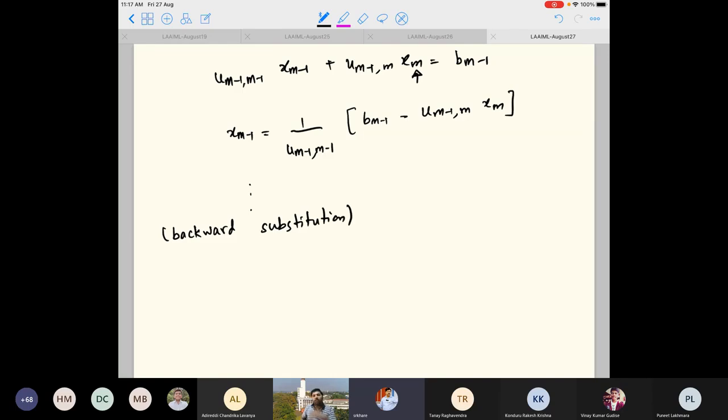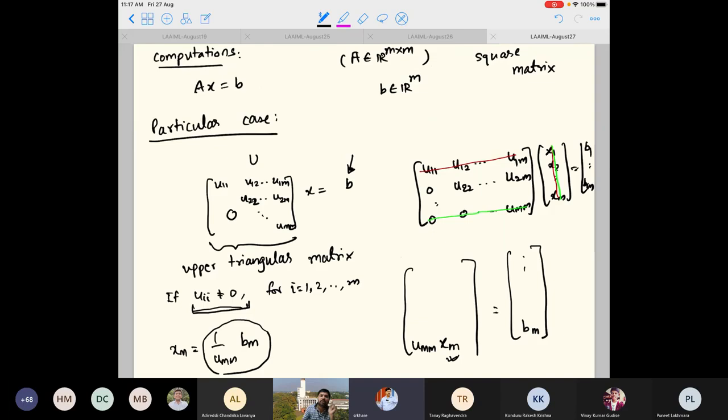So what we are really doing is taking advantage of a very special structure, the upper triangular structure of this matrix U, and we are making sure that the columns of U still span the entire space R^m by saying that all the diagonal entries U_ii are not equal to 0, and then it is really very easy.